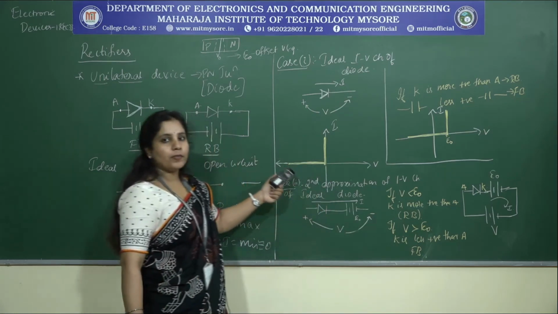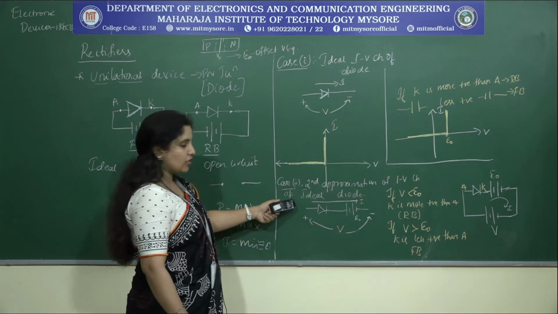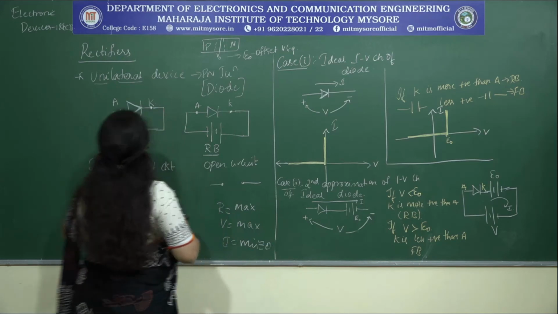Now let's consider the third case, which is the third approximation of IV characteristics for an ideal diode.